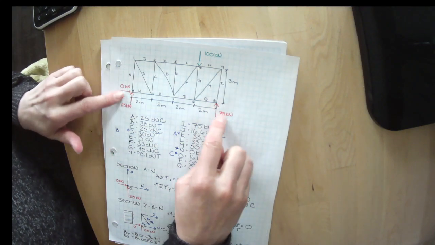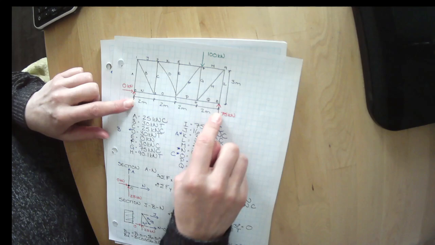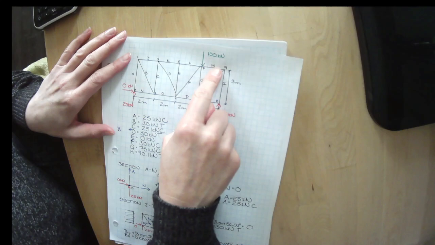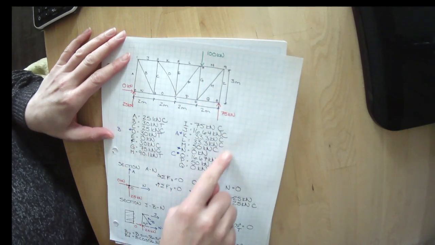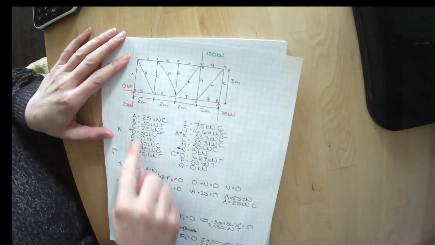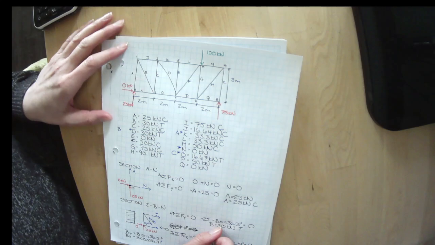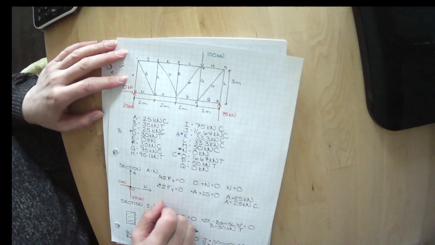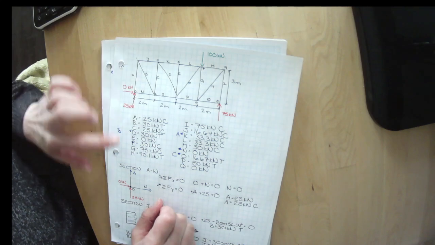That means not only do we need to design something here to take these loads, every internal member needs to be strong enough to resist at least this load. So for example, member I needs to be able to resist 75 kilonewtons in compression.